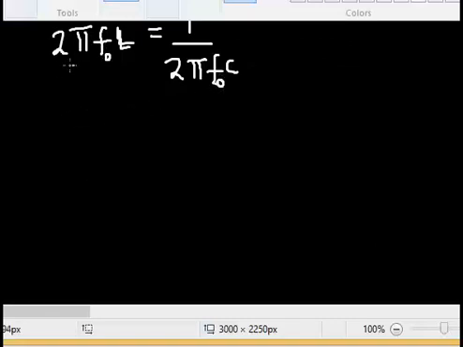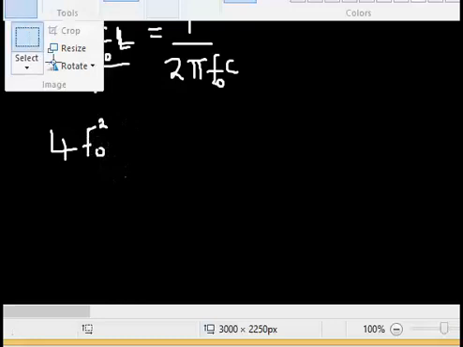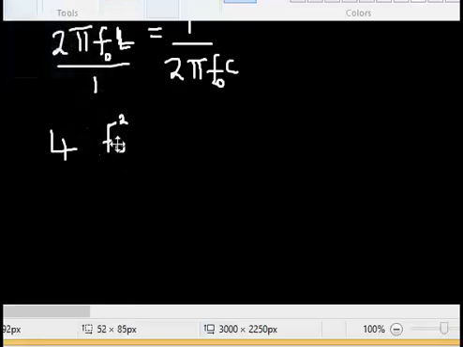Cross multiplying, 2 multiplied by 2 is 4, F0 multiplied by F0 is F0 squared, pi multiplied by pi is pi squared, and L multiplied by C is LC, equal to 1.